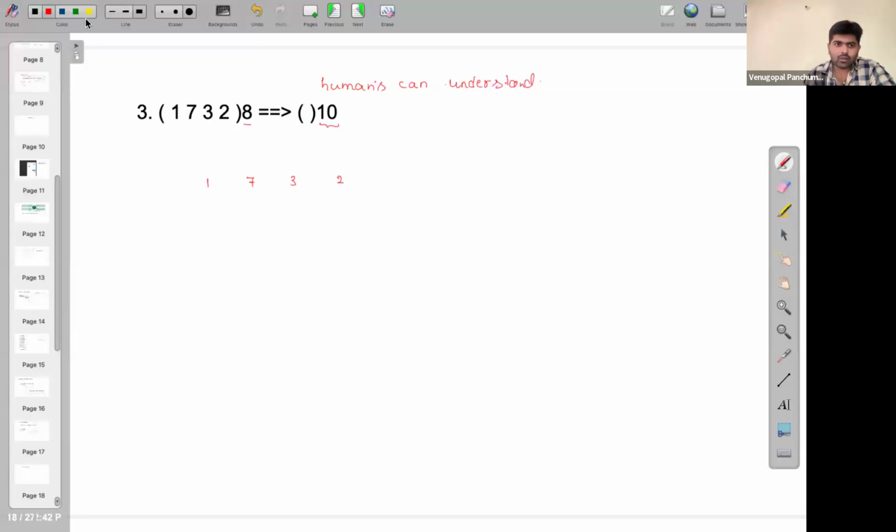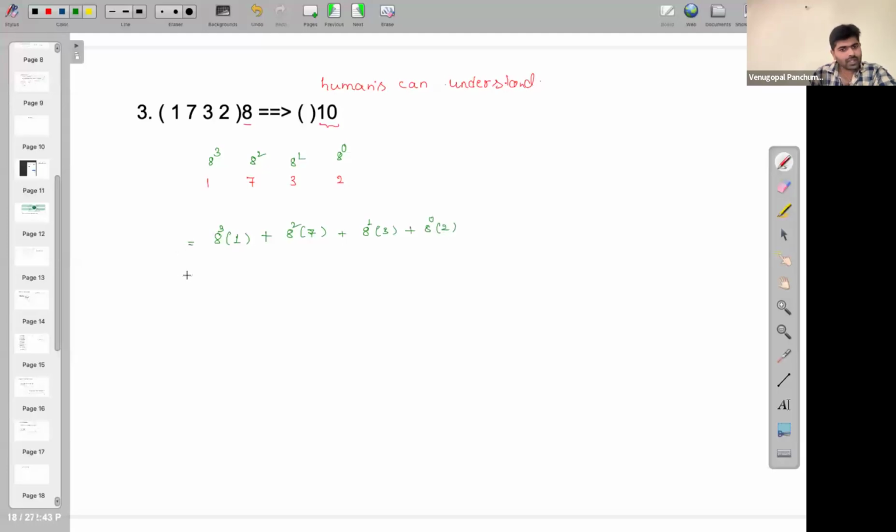So, simple: 8 power 0, 8 power 1, 8 square, 8 cube. Now you check, this is 8 cube into 1 plus 8 square into 7 plus 8 power 1 into 3 plus 8 power 0 into 2.